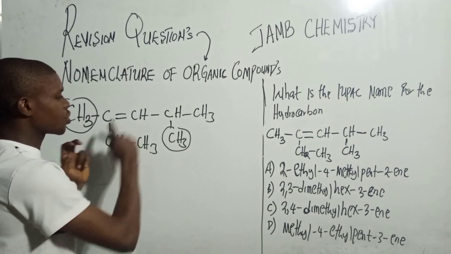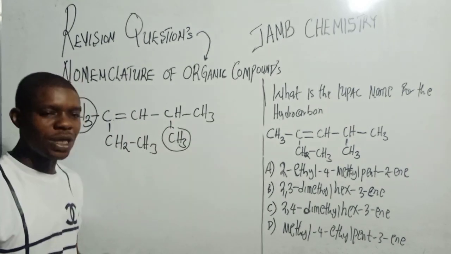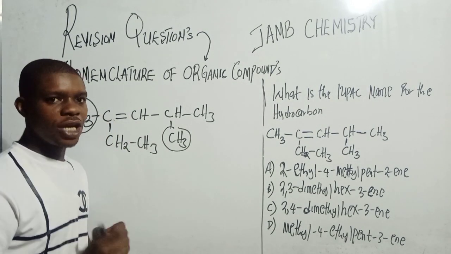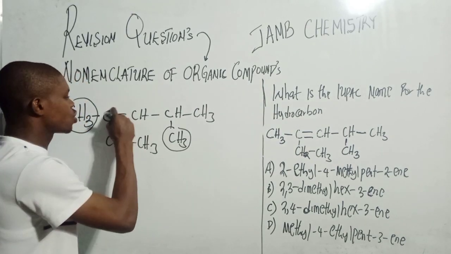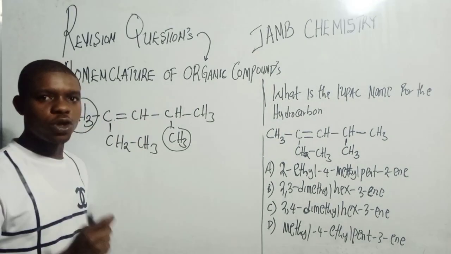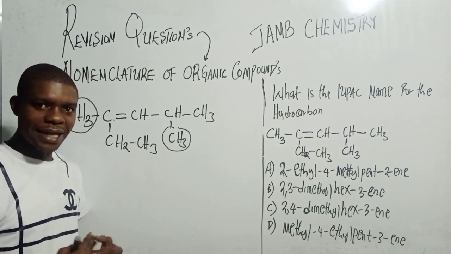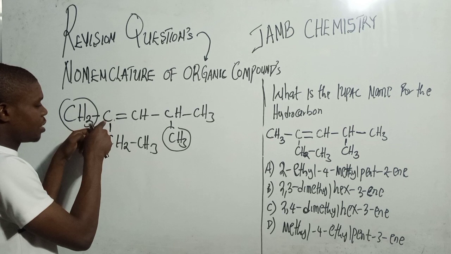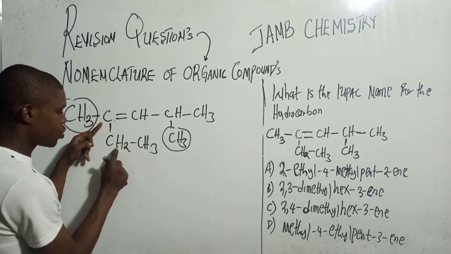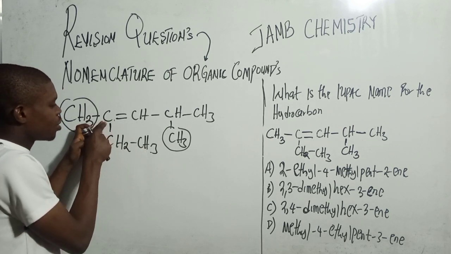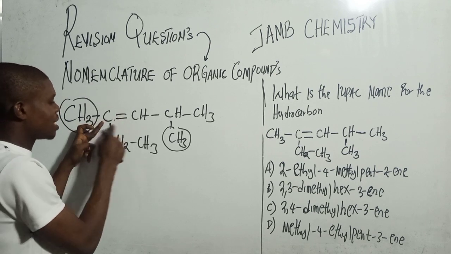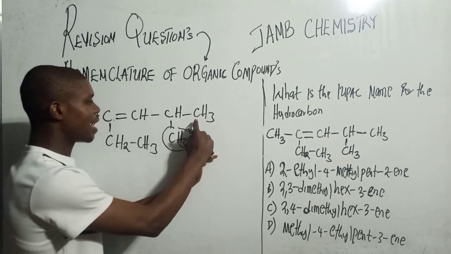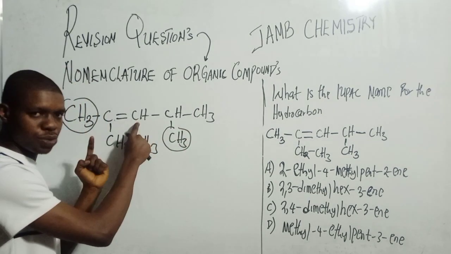After you have taken the longest carbon chain and identified the substituents present in the hydrocarbon, you want to ensure that the double bond has the lowest possible number, either from the left or from the right. Starting from here, 1, 2, 3, this carbon atom is at position 3, so the double bond is at position 3. Next, take it from this side: 1, 2.